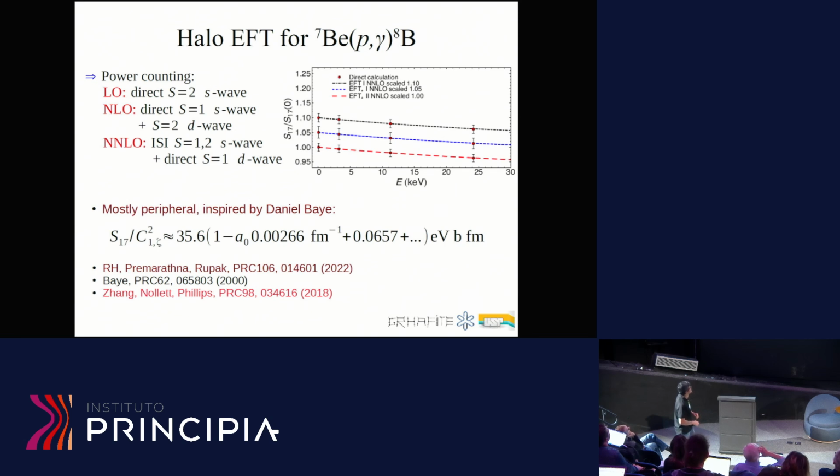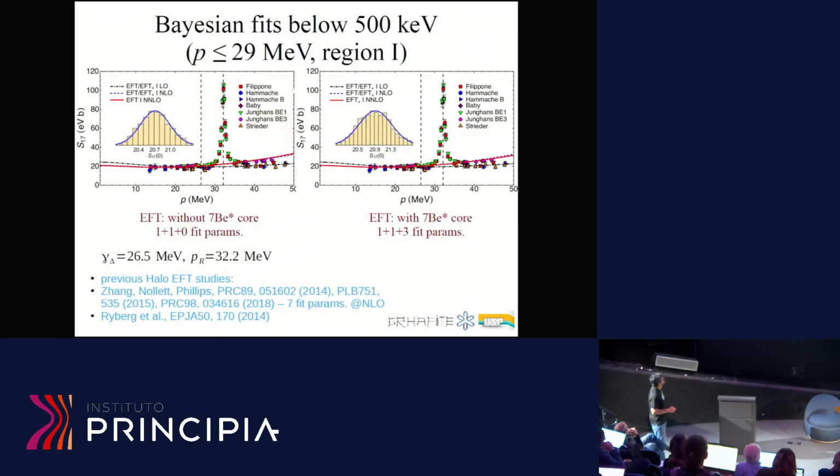What I wanted to say here is emphasizing the peripheral nature of this reaction, which is based on this approximation of the S factor at very low energies. And this is very much compared with a similar expansion that Daniel Bay did for this reaction, right?